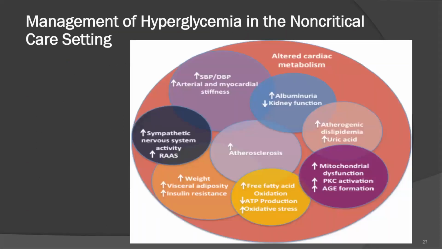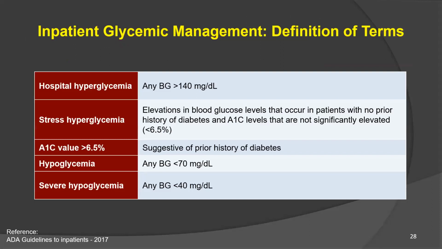Now coming to the management of hyperglycemia in the non-critical care setup. For that, first and foremost, you must understand certain terms and you should know their definitions very well. What is hospital hyperglycemia? What is stress hyperglycemia?